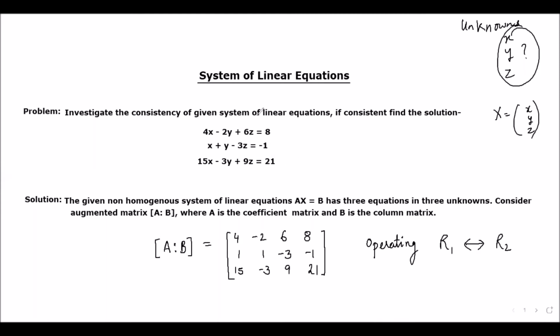This particular system is non-homogeneous in nature because B is a non-zero vector. It is not a null matrix. So this is a case of a non-homogeneous system of linear equations with three unknowns.